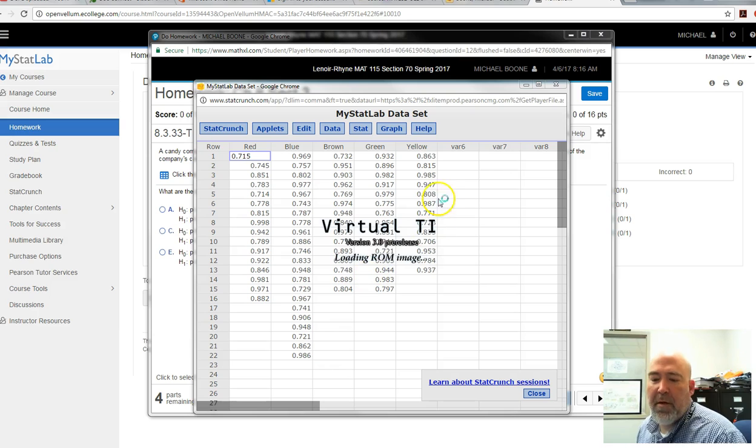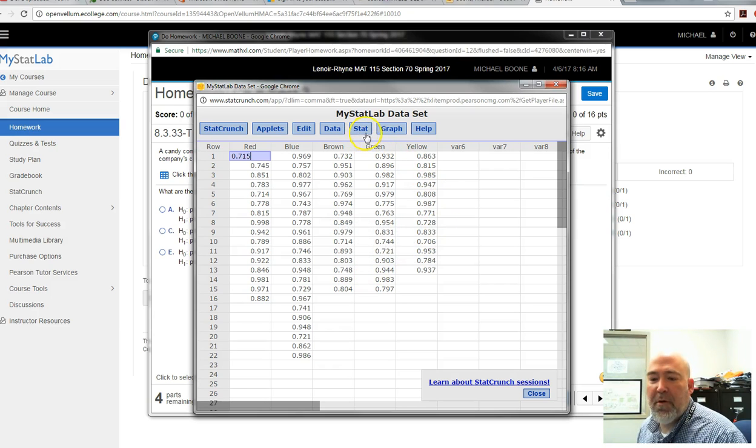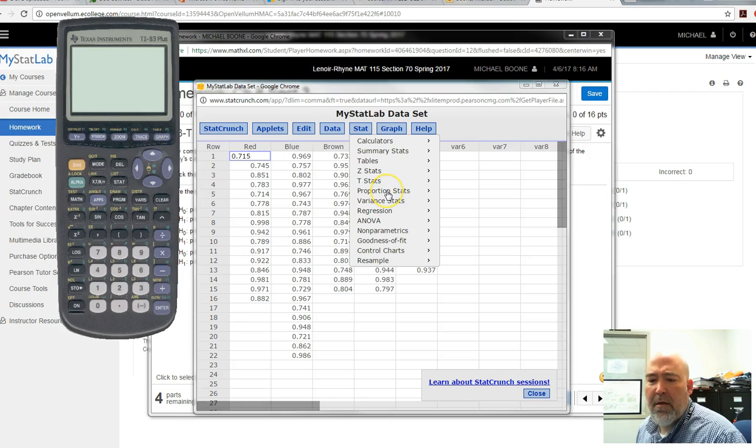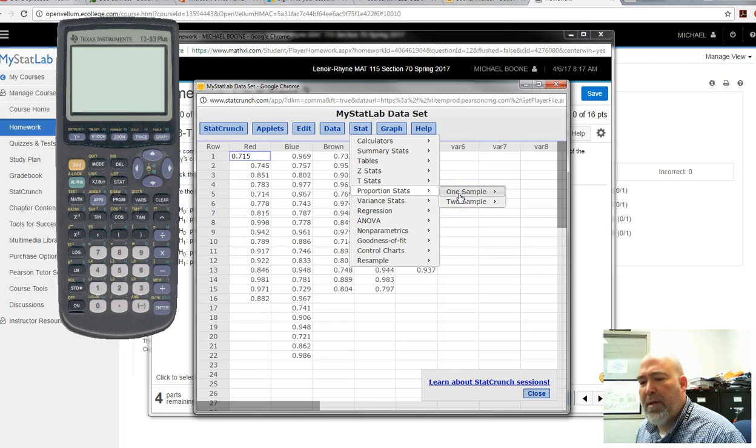I tried opening up my calculator. It just took a long time, so I went old school with it. So 15 out of the 81 are green. So I'm going to do a proportion statistics. I have one sample. I have a summary of the data. There's 15 out of the 81.